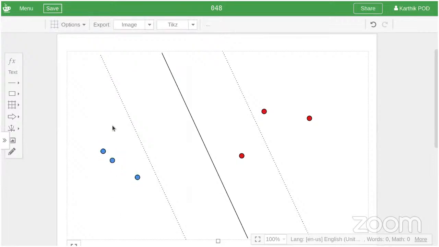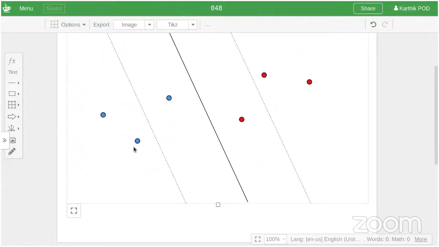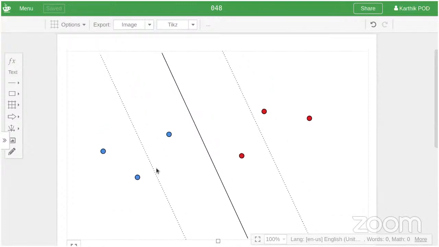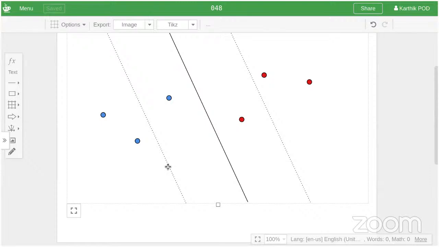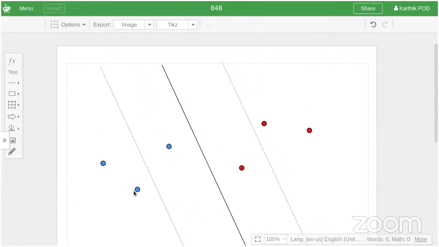typically, in this expression, once we increase C, essentially the margin decreases, so it looks more like a hard SVM problem. If you keep C small, then it looks like a soft SVM. Exactly. And if we take a large C, it will create overfitting.